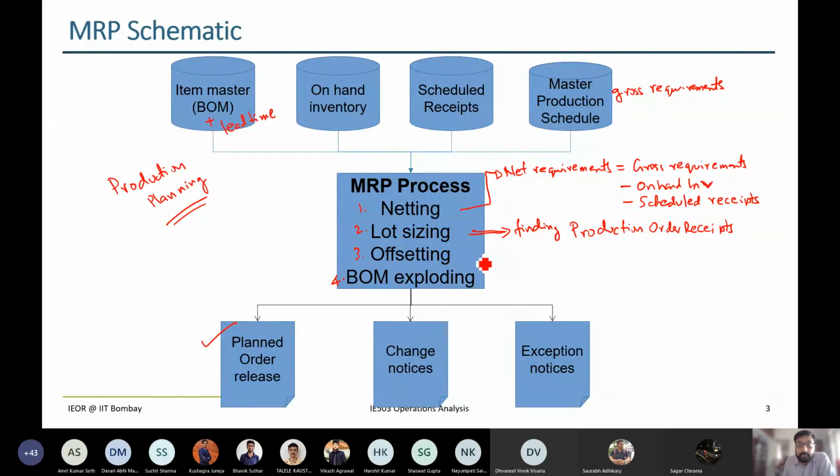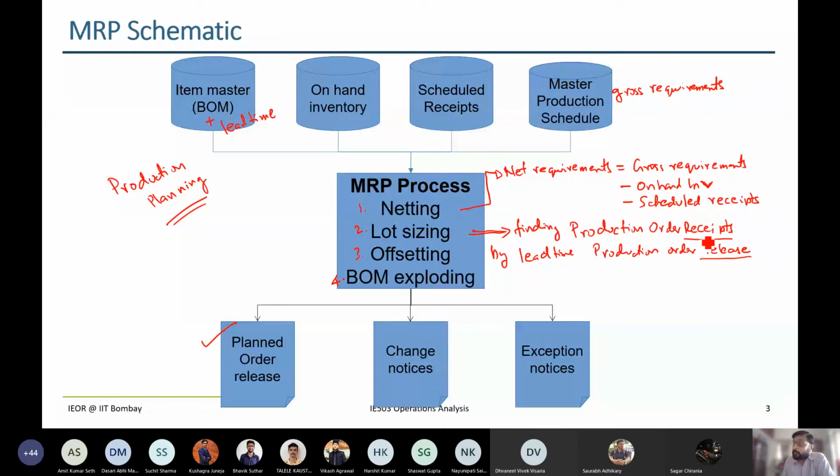The third step is we offset. The offsetting is as per the lead time. Once we offset, we get what is called the production order release. The difference here, acronym-wise, they look the same: POR, production order receipt, and production order release.